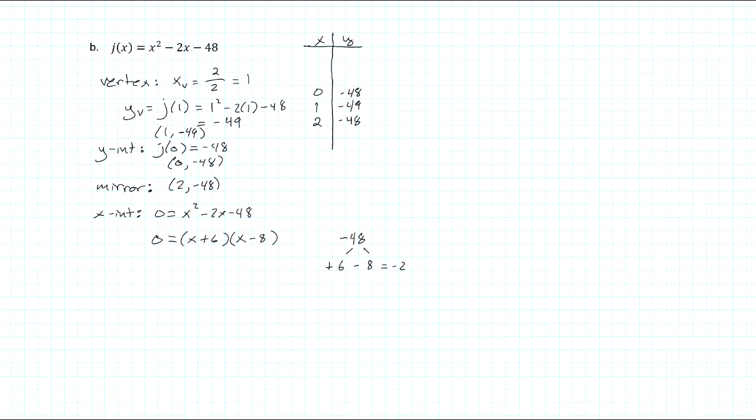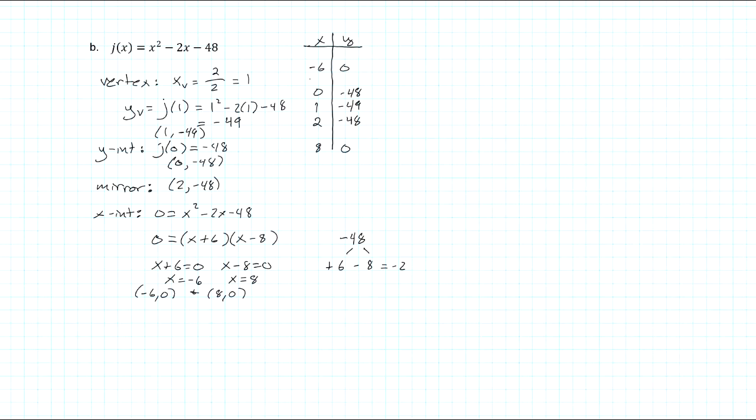And we can set that to 0 and solve. So x plus 6 equals 0, or x minus 8 equals 0. So x equals negative 6, or x equals 8. So our x-intercepts are the points (-6, 0) and (8, 0). Now there's some pretty big gaps here.